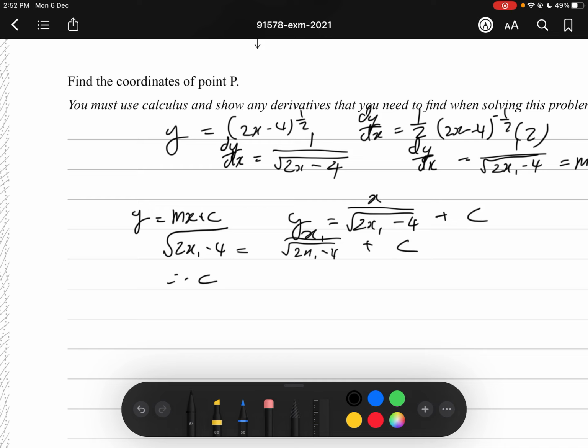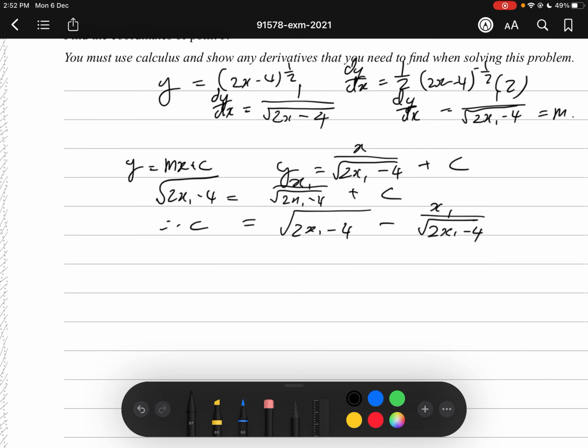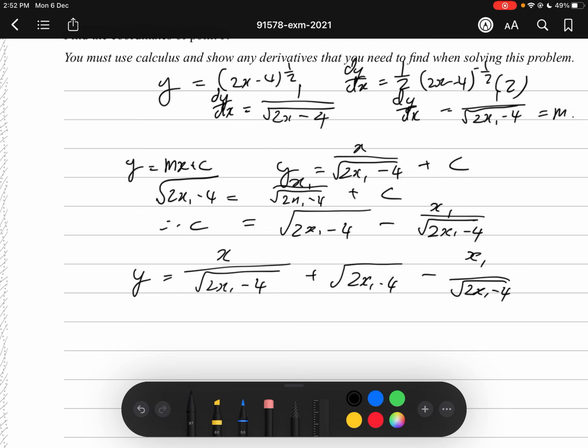So therefore c equals the square root of 2x1 minus 4 minus x1 over the square root of 2x1 minus 4. Alright, so that's all good. So now we have y equals x over the square root of 2x1 minus 4 plus the square root of 2x1 minus 4 minus x1 over the square root of 2x1 minus 4.